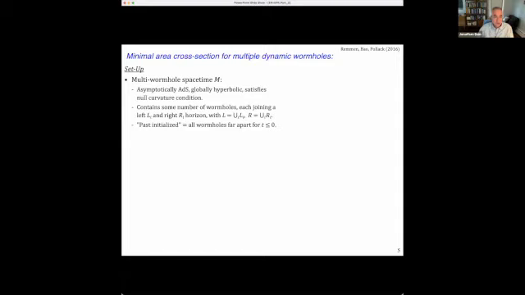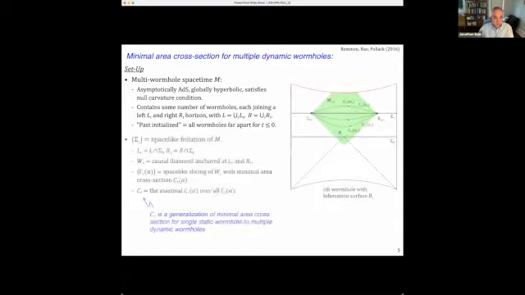So within this spacetime, they then identify the following constructions.